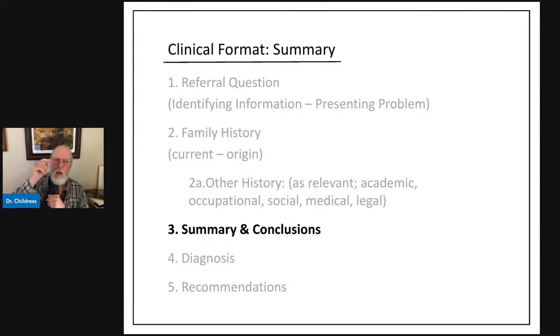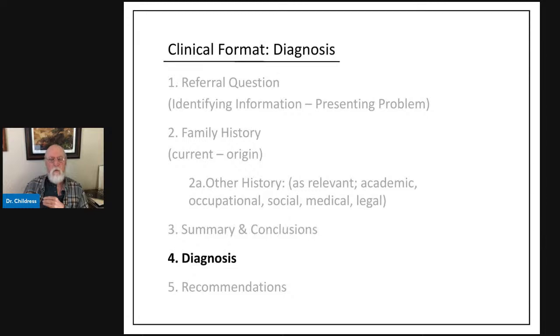And again, as you're going through, when you're going to diagnose it, in the summary and conclusion section, note the symptoms that meet the criteria for the diagnosis. And so it's really clear where your diagnosis is coming from. Then once you do your summary and conclusions, you reach your diagnosis, and that's simply the DSM-5 diagnosis.